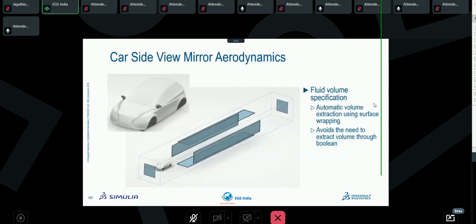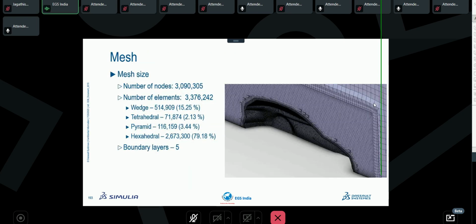Right. So the next thing that I want to show is the car side view mirror aerodynamics improvement, where we will be checking a classical wind tunnel test, to see whether this particular component will have a maximum velocity attainment along this part or not, or whether it can induce a large amount of drag or not.